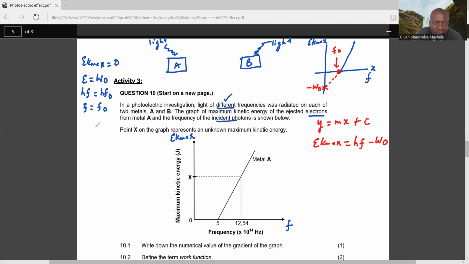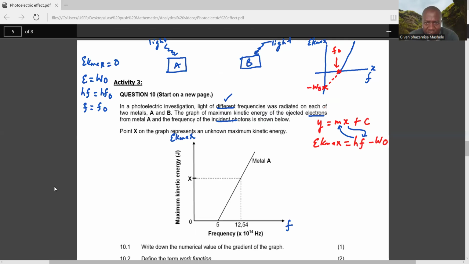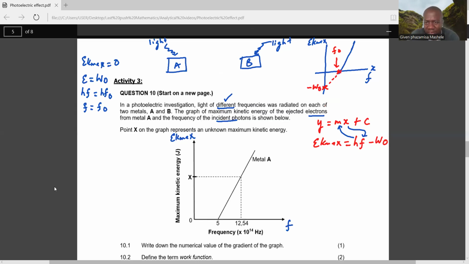So here the y is the EK max and the x is the frequency, so this is the gradient. When you are given the kinetic maximum and frequency graph, once you calculate the gradient between kinetic maximum and frequency, it will give you Planck's constant.